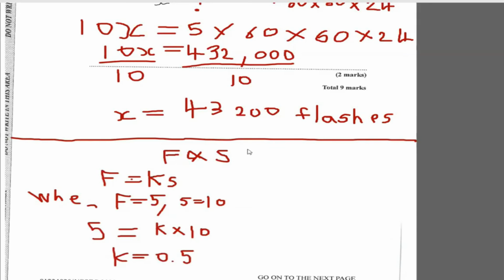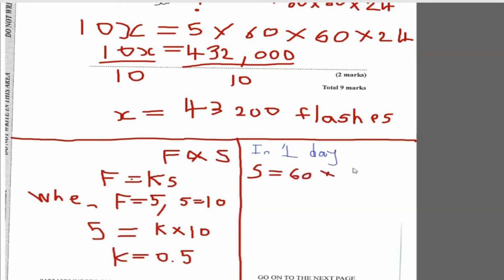All right. Now the next part is we want to find how many flashes correspond to 1 day. In 1 day, the time, which is the number of seconds, is going to be 60 times 60 times 24.